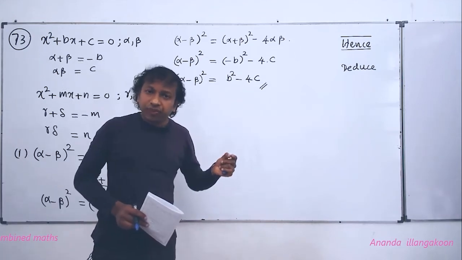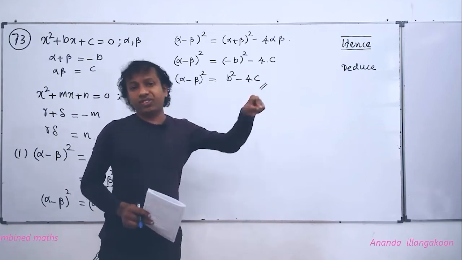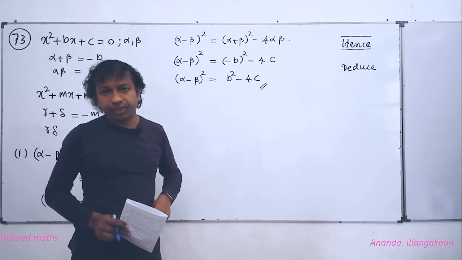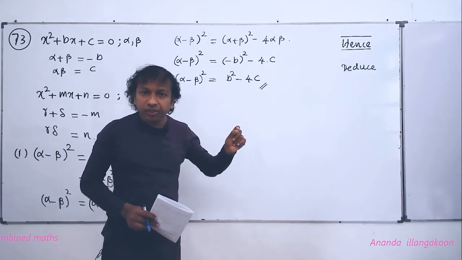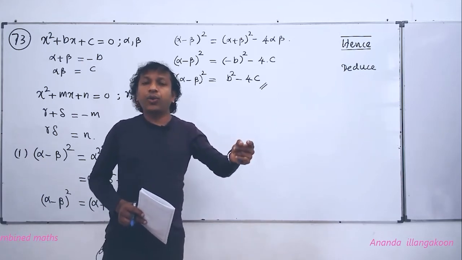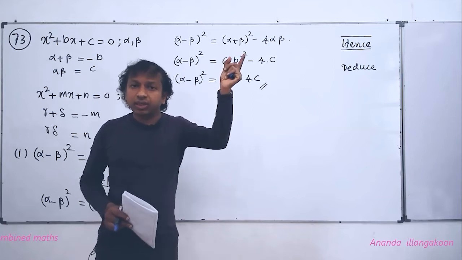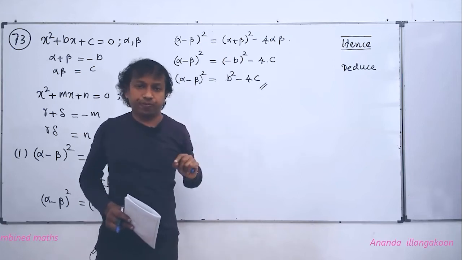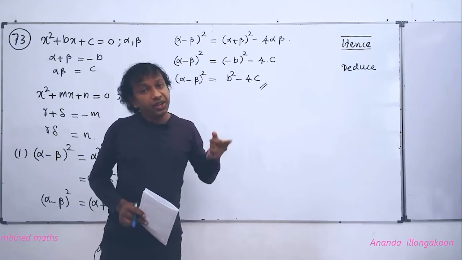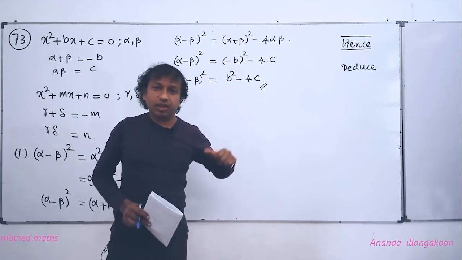Deduce means prove using the previous result. So hence is not actually a proof. It is writing down a statement by using a similar statement we previously obtained in the same question. That's the meaning of hence. Deduce means, people, prove with the help of the previous statement.